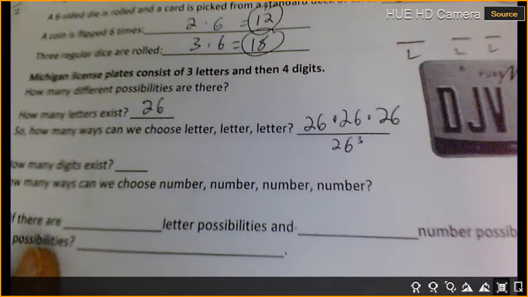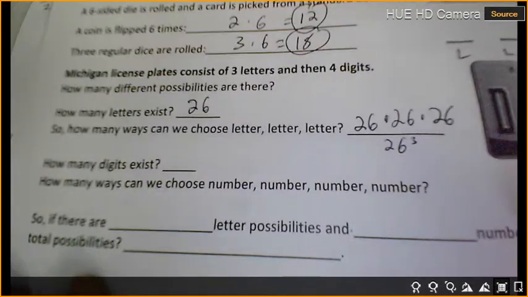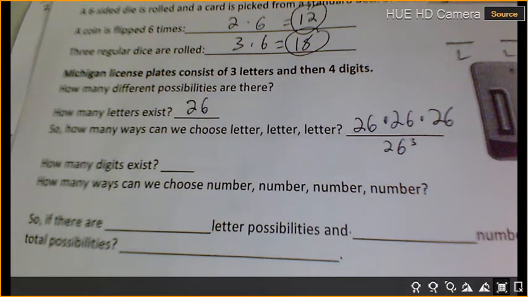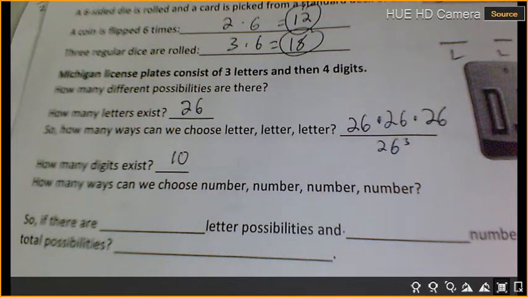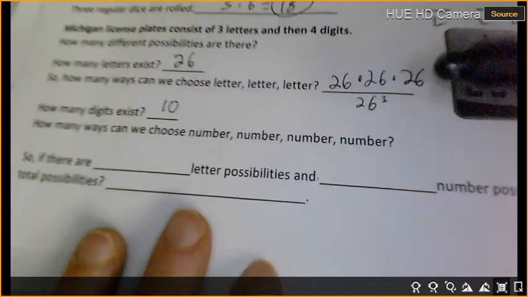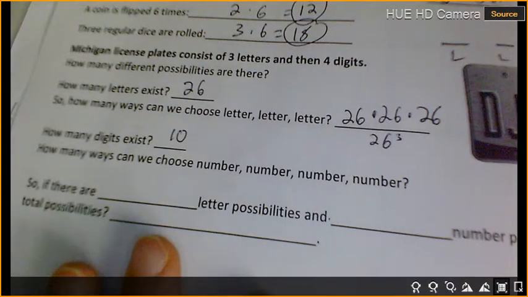All right, how many digits exist? How many numbers can I use? I can use 0, 1, 2, 3, 4, 5, 6, 7, 8, 9, right? You can't use 2-digit numbers in one spot, so it's got to be just those 10. You got to include 0.